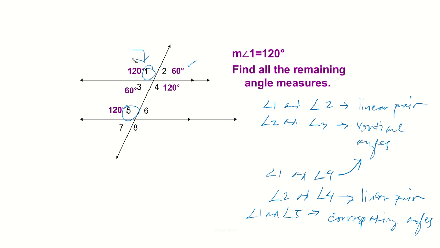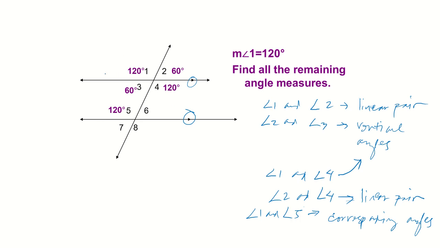Corresponding angles are congruent, but only if there's a guarantee that the lines cut by the transversal are parallel. For now, there's a guarantee because of one arrowhead per line. So that means if angle 1 is 120 degrees, angle 5 must also be 120 degrees. Again, this is only true if the lines are parallel.